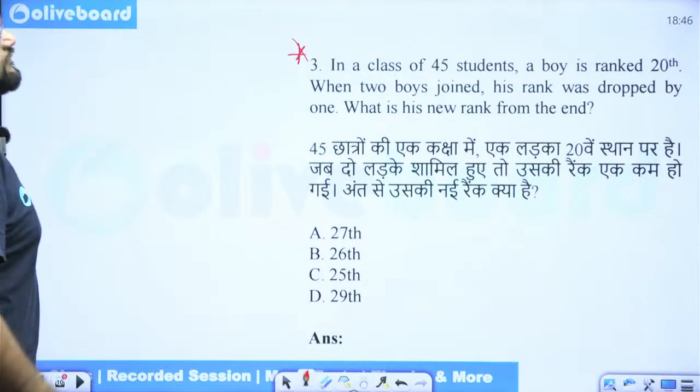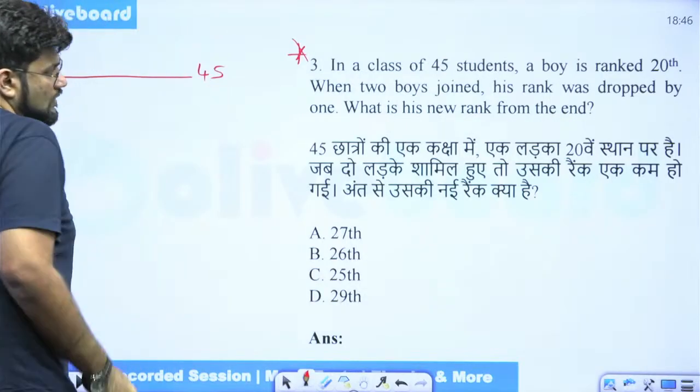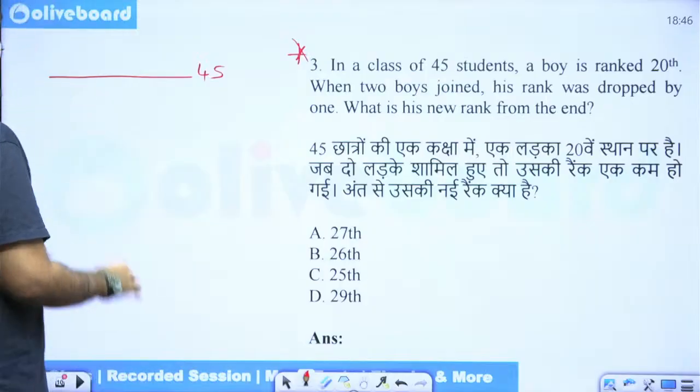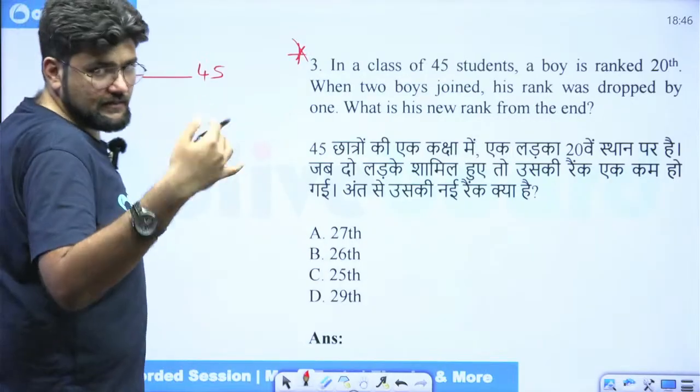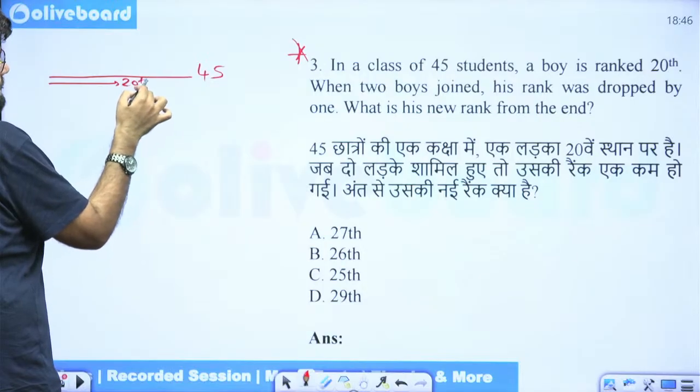Now, in a class of 45 students, a boy is ranked 20th. So if only rank is given, boy is ranked 20.